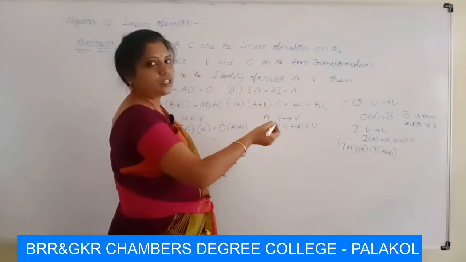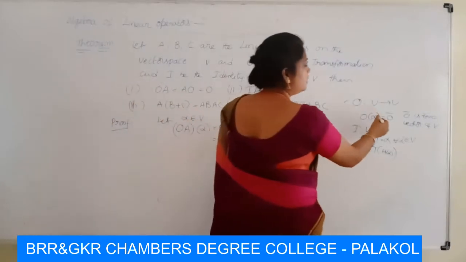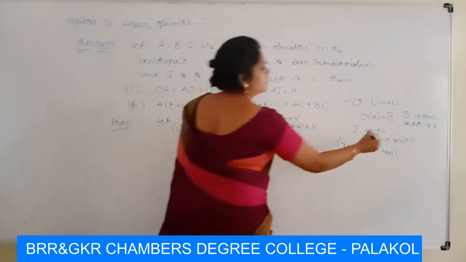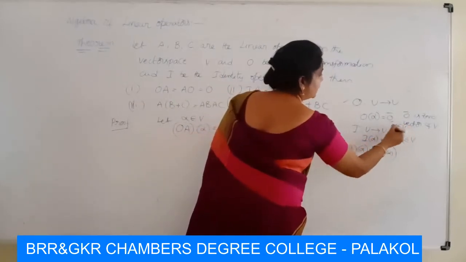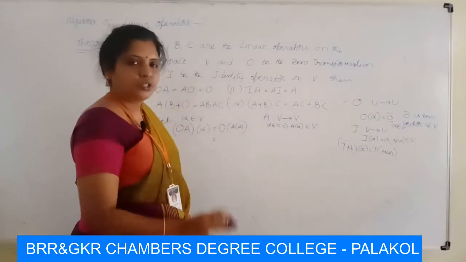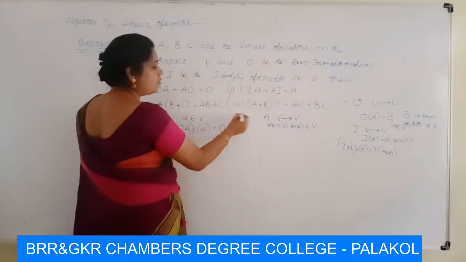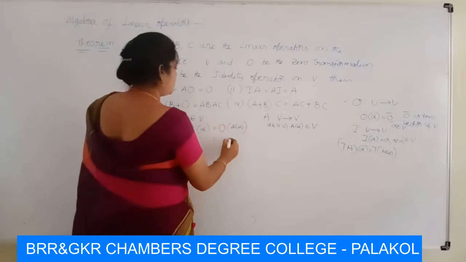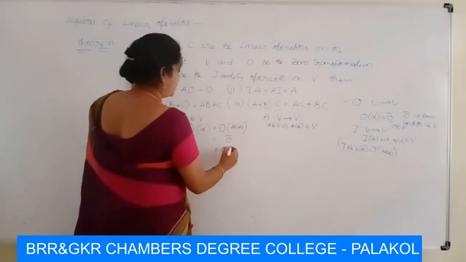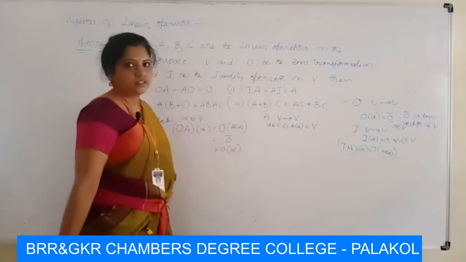By the zero transformation definition, O of alpha is 0 bar. If we take any vector in V, its image under the zero transformation is 0 bar. So 0 bar can be rewritten as O of alpha.